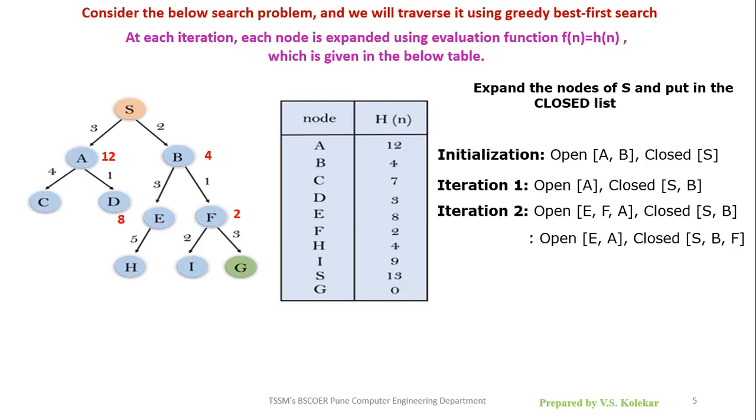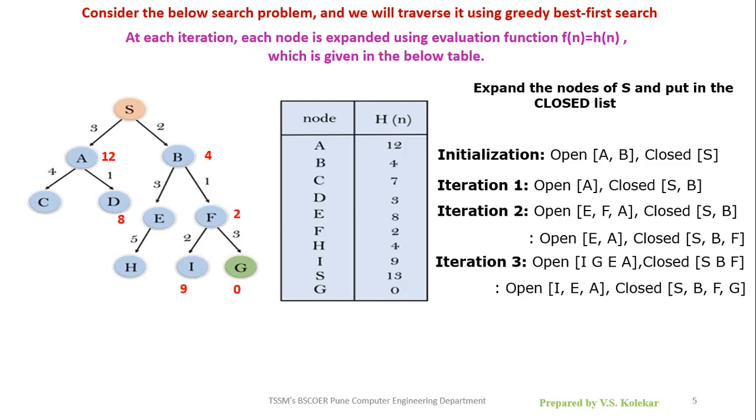Then the respective children of node F, I and G, in iteration 3 will be kept in the open list. Then the value of h(n) at I is 9 and at G is 0. Out of this, 0 is minimum. So G will come to the closed list at the end of iteration 3.